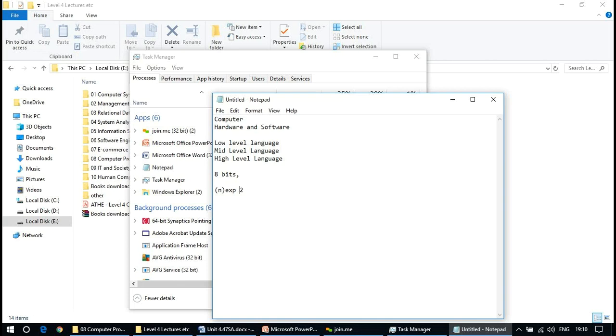Initially it used to be low level programming. They used to make combinations of zeros and ones, and that used to be called machine language. If only the company or the device has to use the program, then they would directly code in zeros and ones.